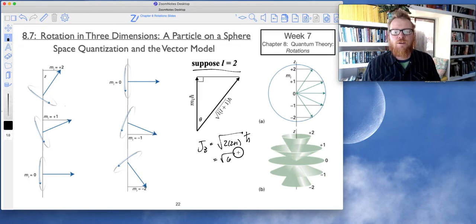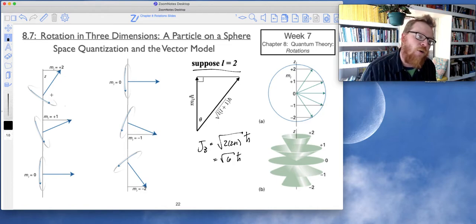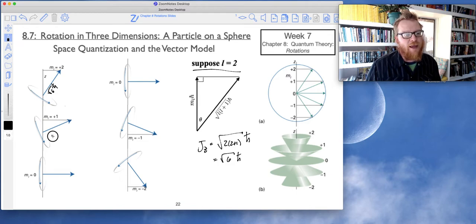So in other words, all of these lengths will be root 6 h bar. Okay, so let's look at this picture right here. For ml equals +2, the length of this arrow is root 6 h bar. For ml equals 1, the length of this arrow is still root 6 h bar, and so on.